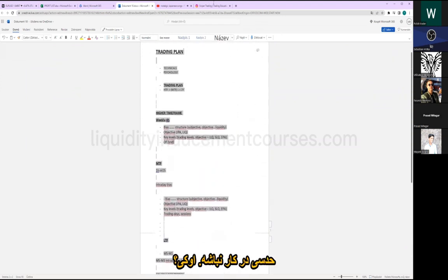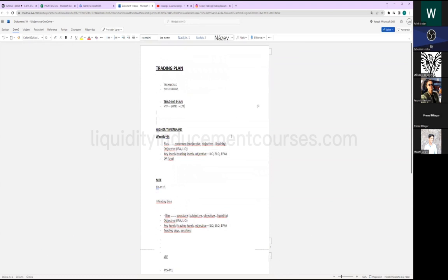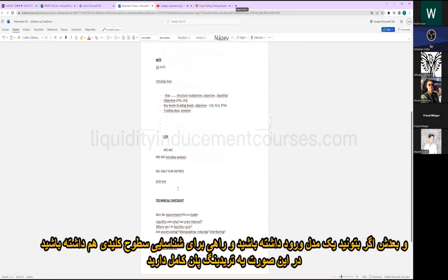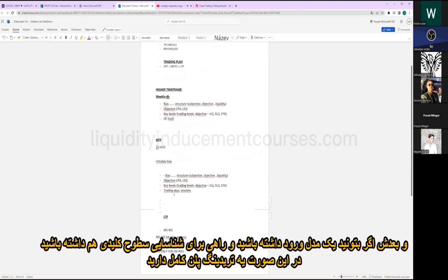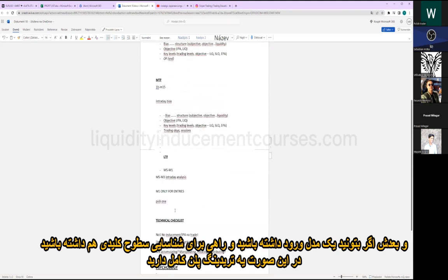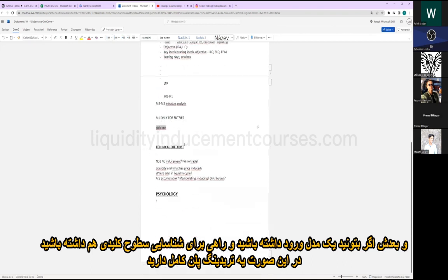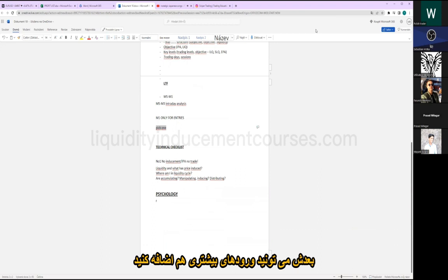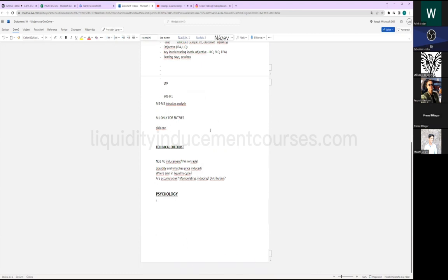No guessing. And if you have data of one entry model and one way to identify key levels, then you have a trading plan done, basically. Then you can add way more entries, and eventually reach intraday mastery. It's as simple as that.